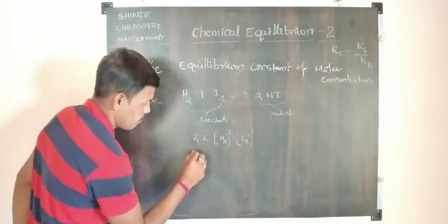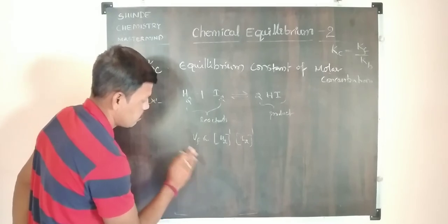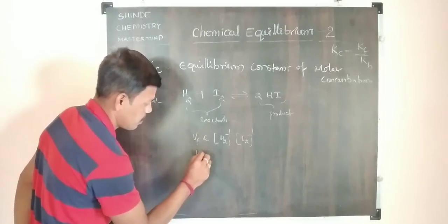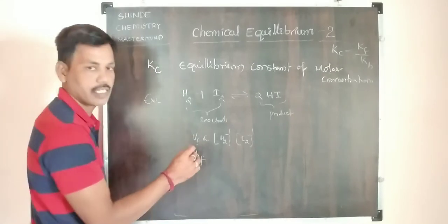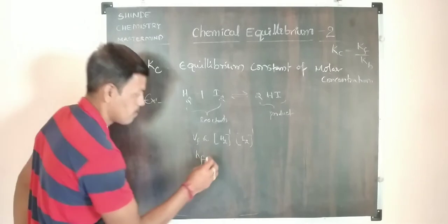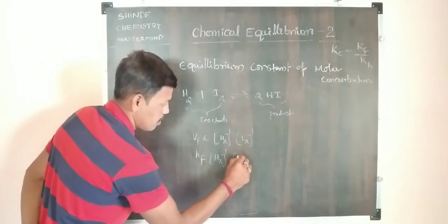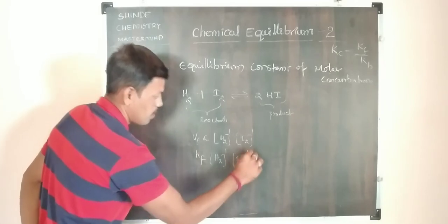So here Vf, instead of Vf we directly write Kf. Kf means in the forward reaction the rate constant Kf is equal to the concentration of hydrogen, 1 mole, and the concentration of iodine, 1 mole.